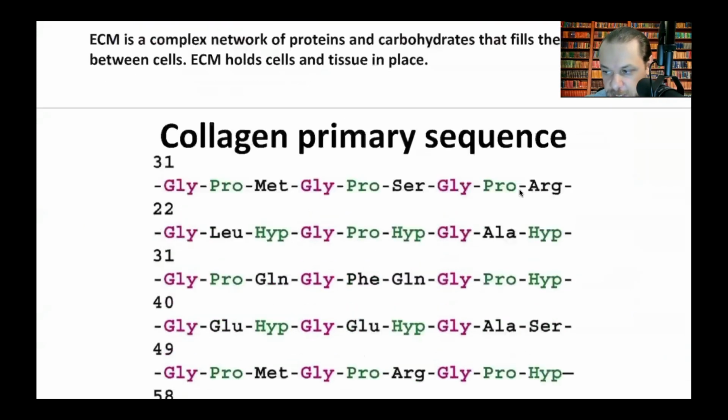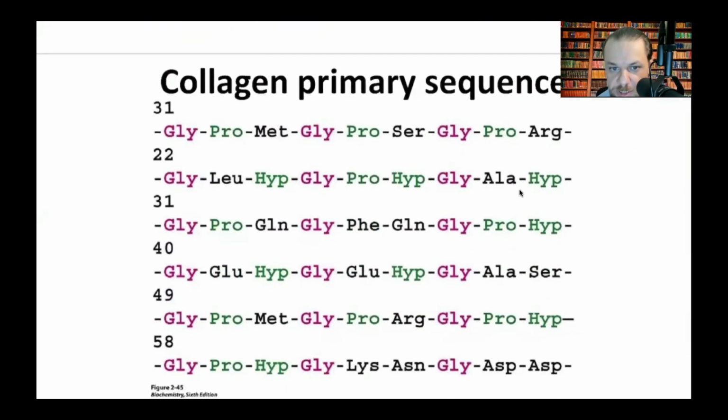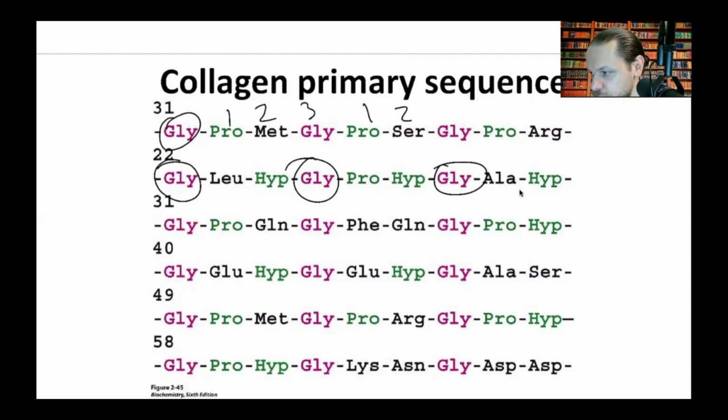When they sequenced this, they determined that it has an amino acid called glycine. And here you notice 1, 2, 3, 1, 2, 3. So every third amino acid in the sequence was glycine.